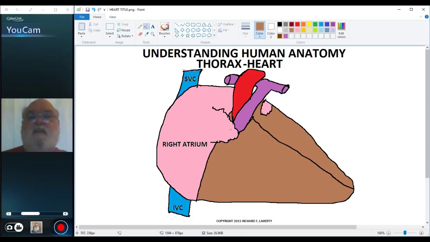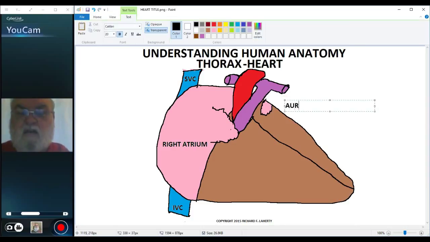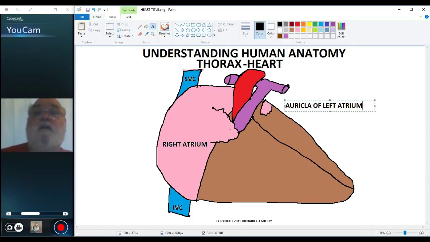Now, as I said, this little appendage here is the auricle from the left atrium. So let's identify it. And we'll draw a line to it.